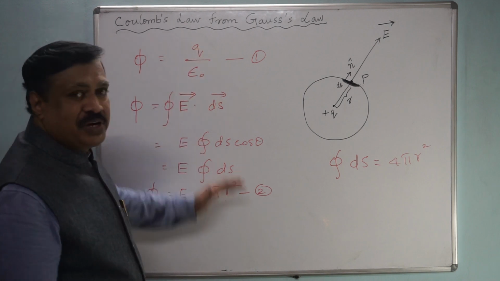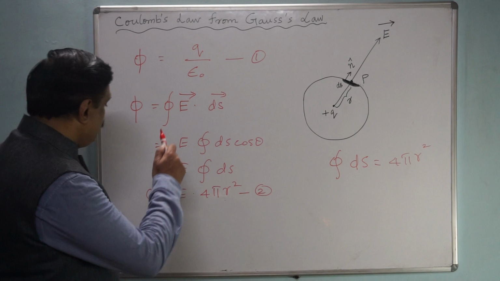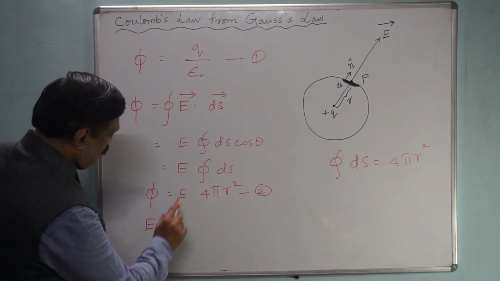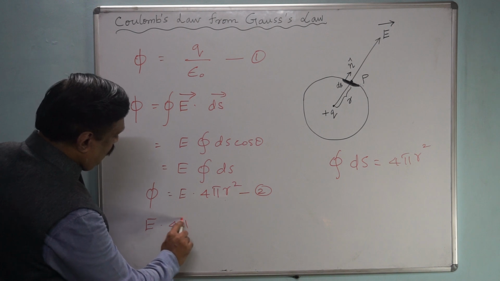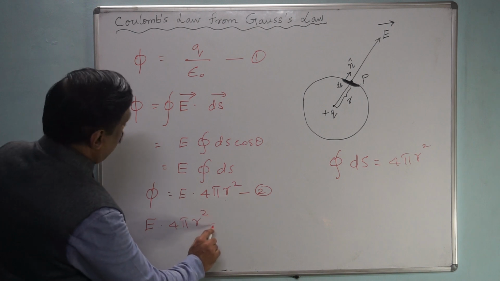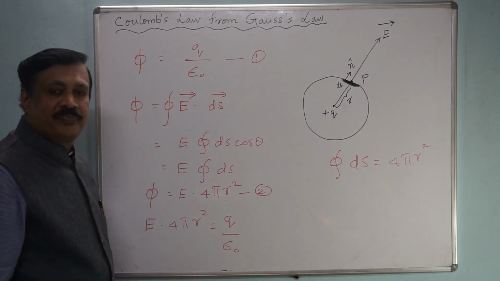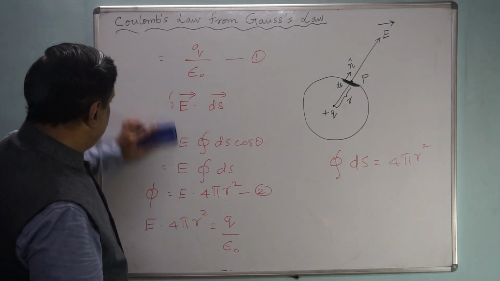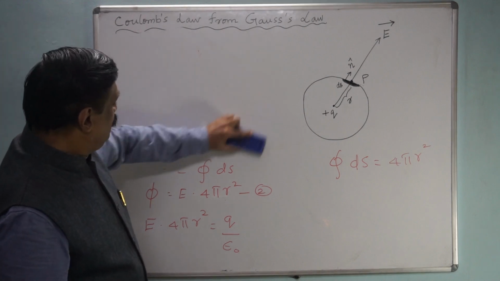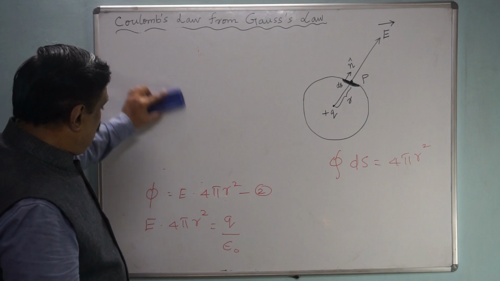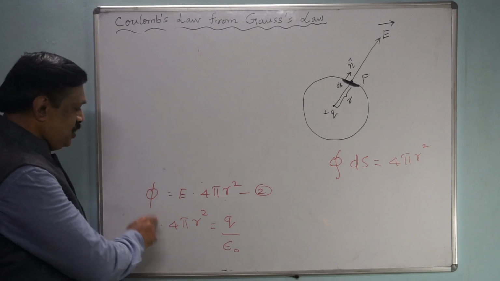Now we can equate equation 1 and 2. If you equate, what do you have? E into 4 pi r squared equals Q by epsilon 0. It is a very simple derivation. Now you want E only.